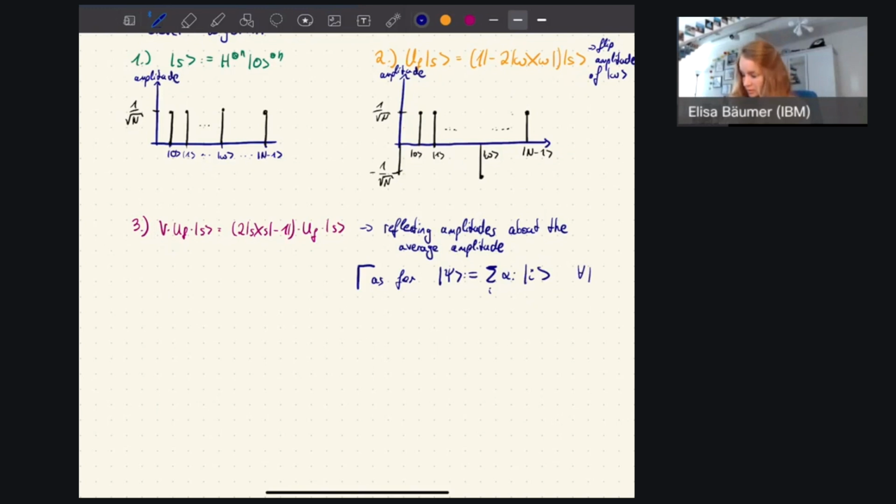So for all such psi, V times psi then yields, for any psi, 2 times the projection onto S minus identity times psi, which is 2 times 1 over n times the sum over all j, sum over all k.